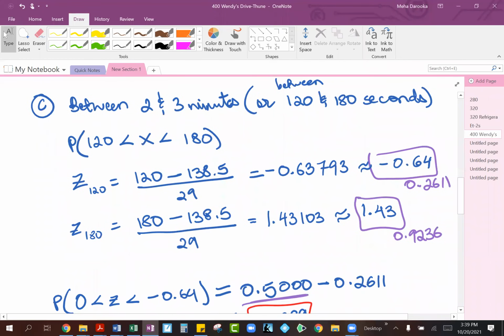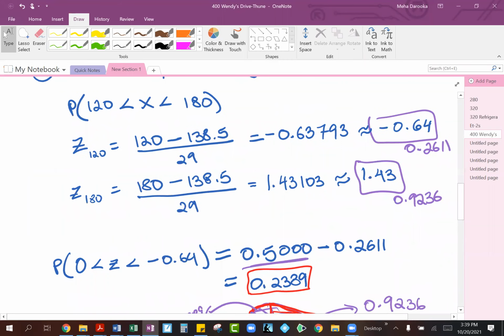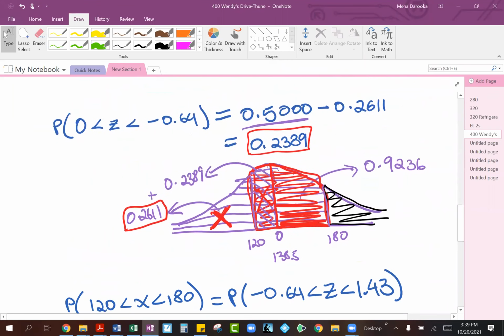When it was in between, you can see we had to do a little bit of a calculation here. With the first z-score, you had to do 0.5 minus the value you got from your table to give us that little section between the 120 and 0 on the left-hand side.